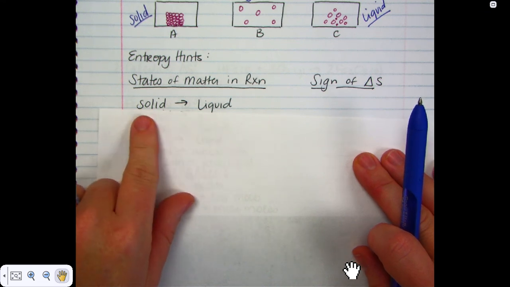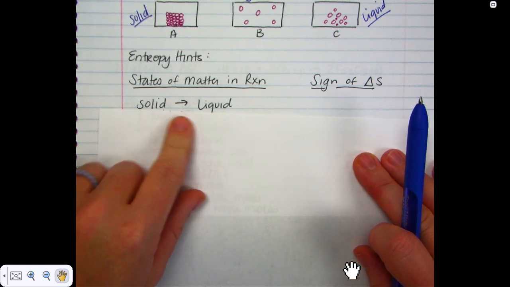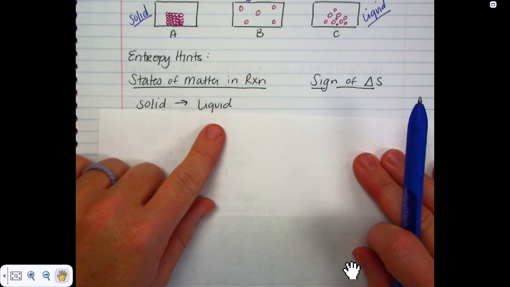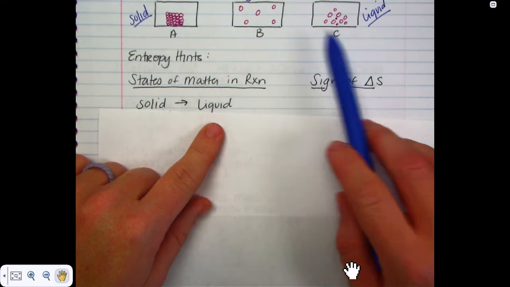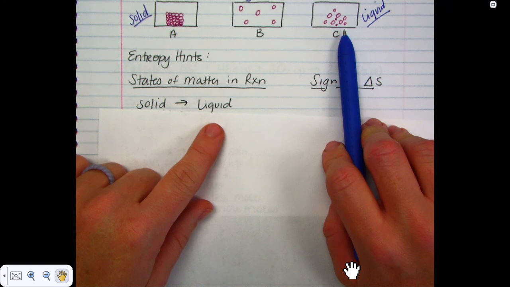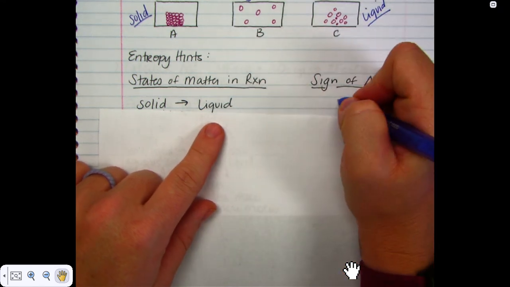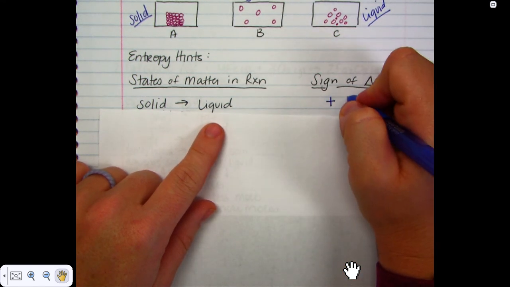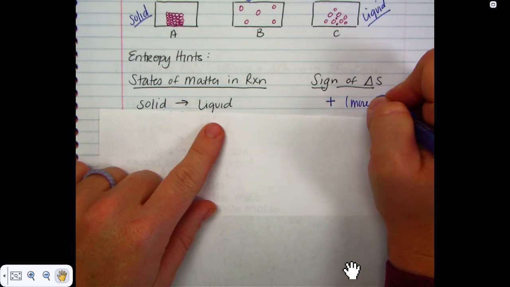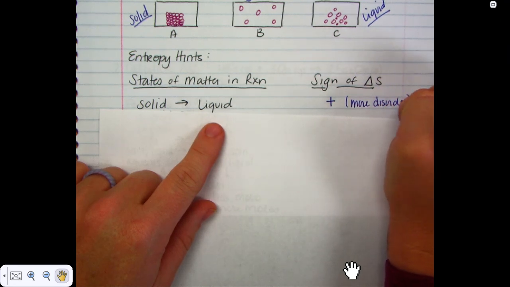If I have reactants that are solids and products that are liquids, did I become more or less disordered? Well, I went from tightly packed to more spread out, so my entropy would increase. So the sign of delta S would be positive, again indicating more disorder or dispersal.